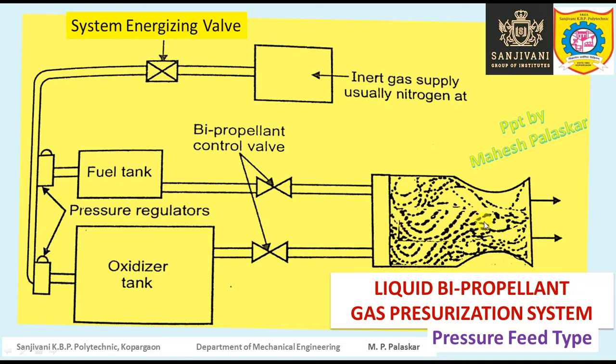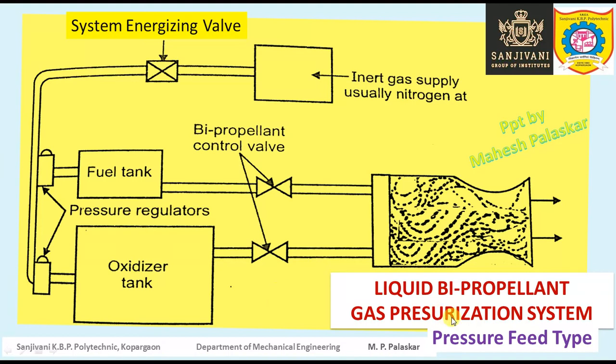These gases will expand in the nozzle of this main turbine, and due to expansion we obtain a high pressure jet, high velocity jet, and that will provide a thrust to the vehicle in the forward direction, and in this way the vehicle will be propelled in the forward direction.